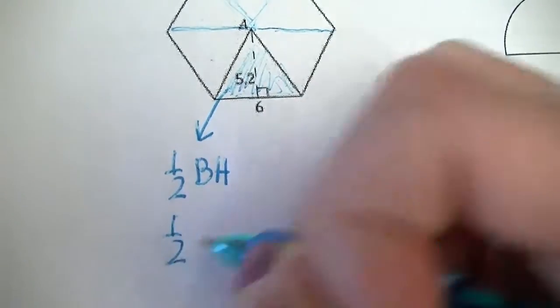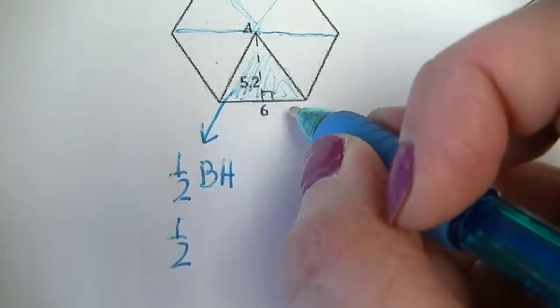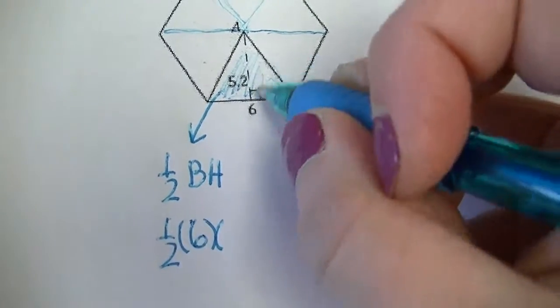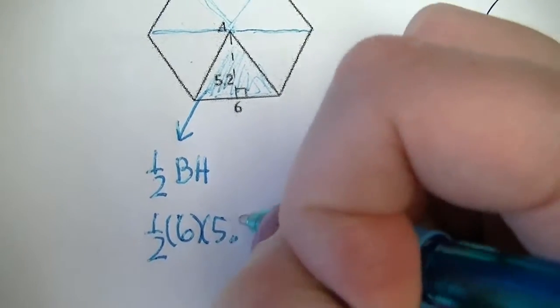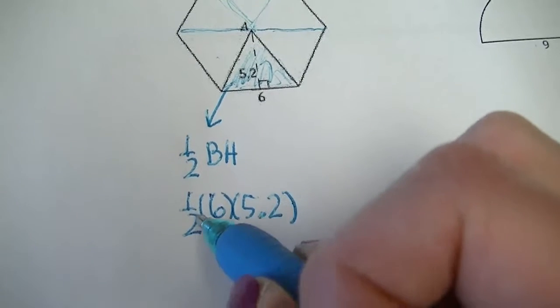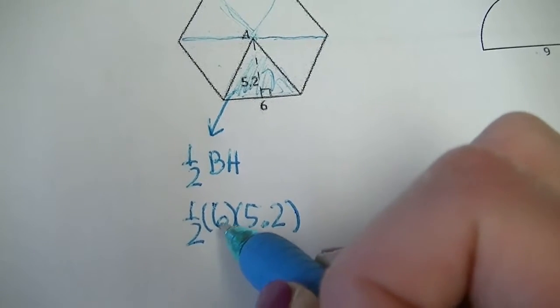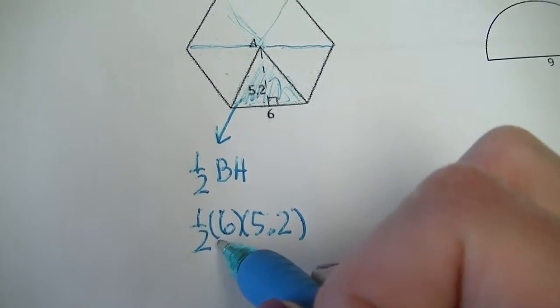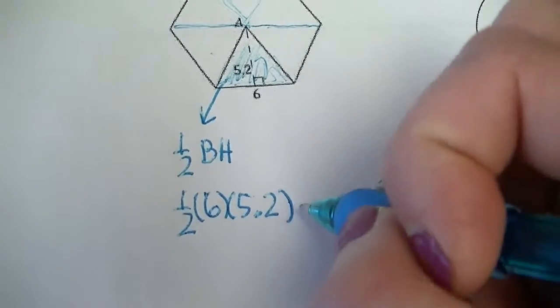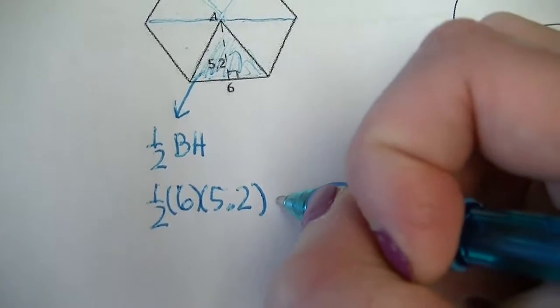So 1/2, or you could do 0.5, times the length of the base, which is 6 units, times the height of that triangle, which is 5 2/10. That's just for one triangle. So let's see, half of 6 is 3, and then 3 times 5 and 2/10 is 15 and 6/10.